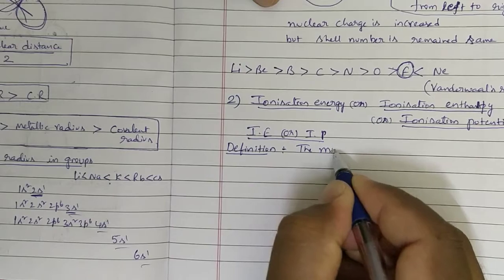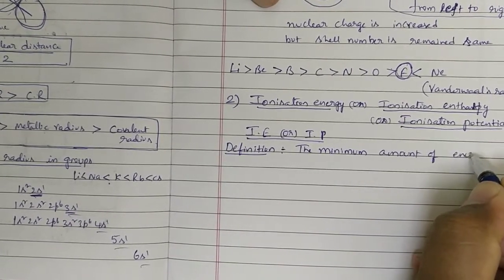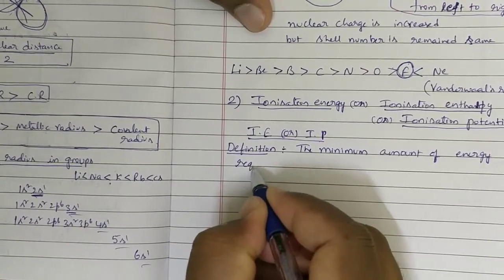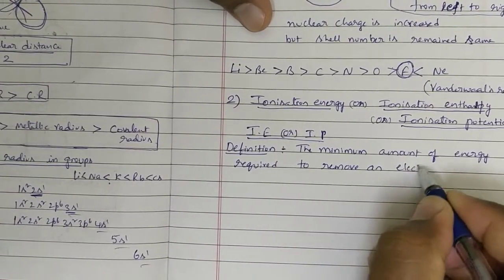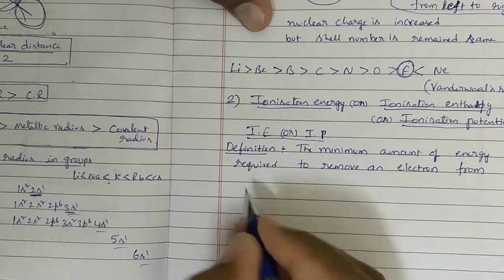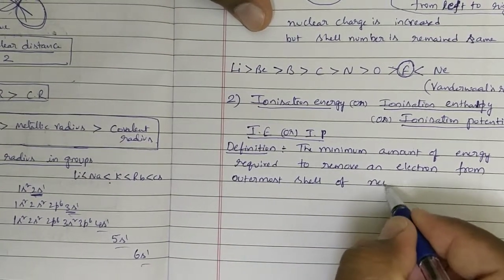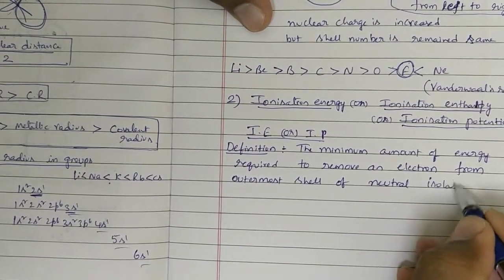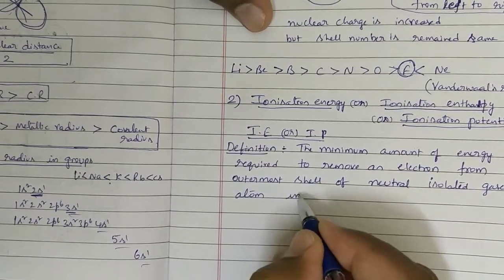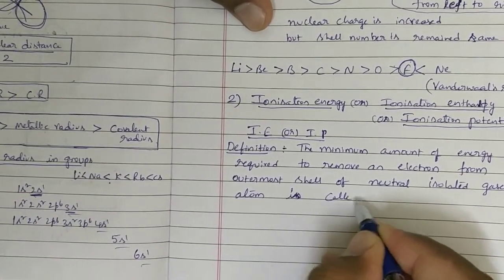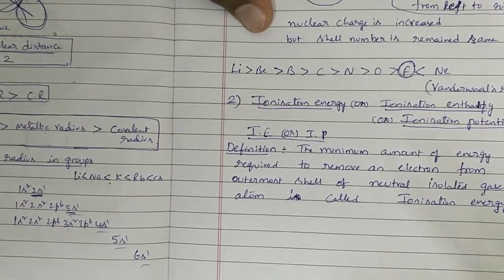The minimum amount of energy required to remove an electron from the outermost shell of a neutral isolated gaseous atom is called ionization energy.